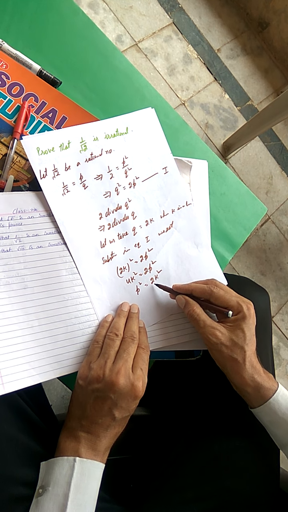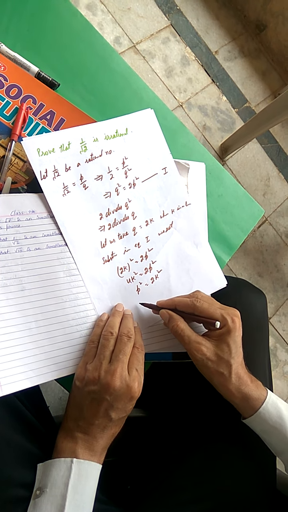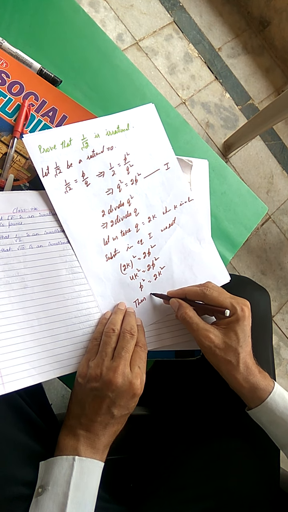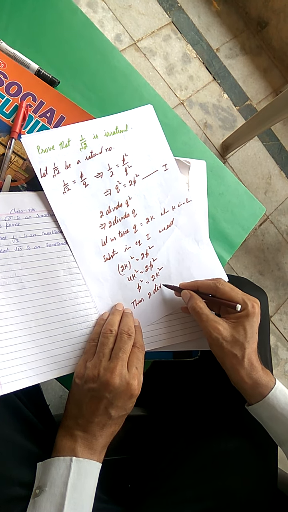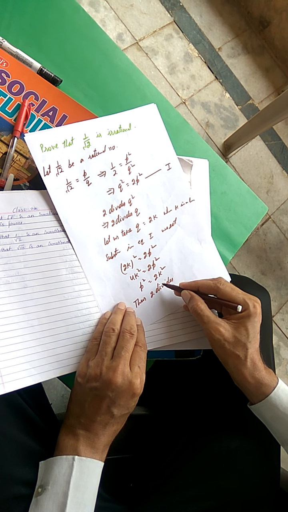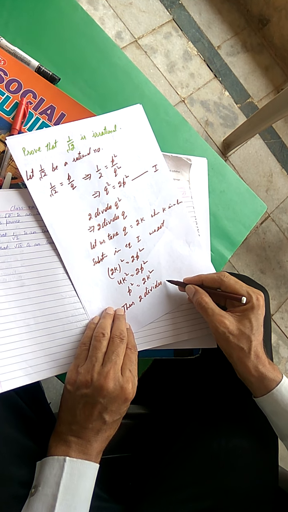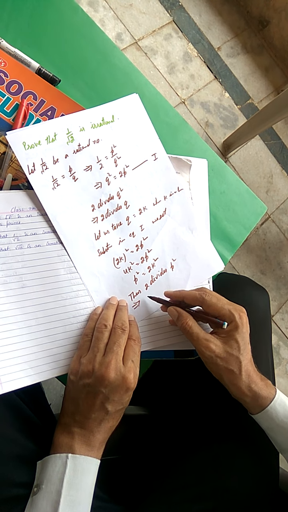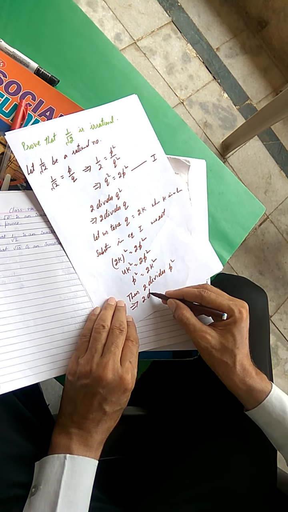This means 2 divides p square. Thus 2 divides p square. This means 2 divides p.